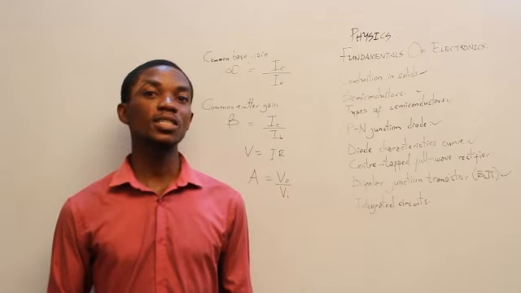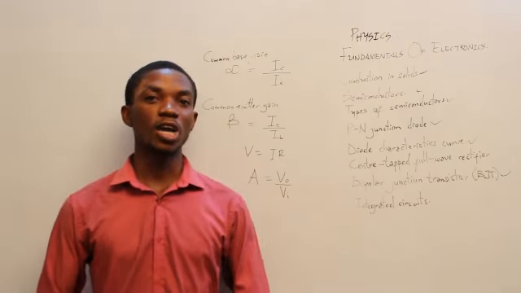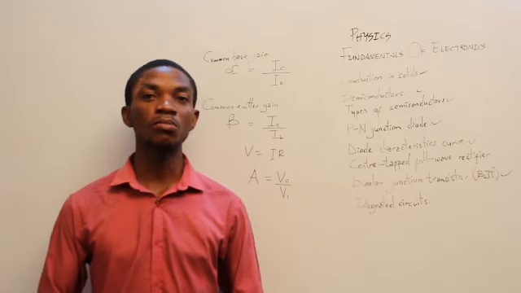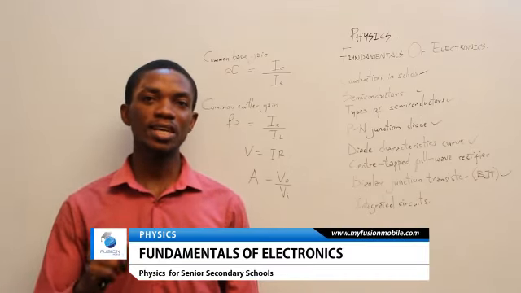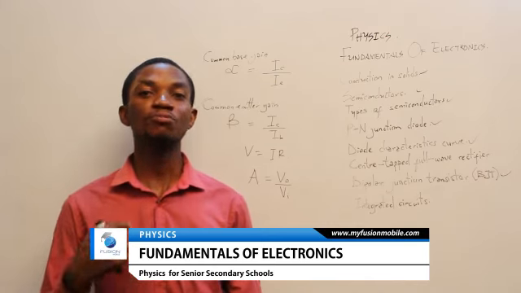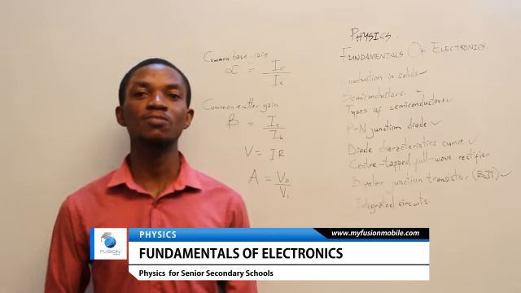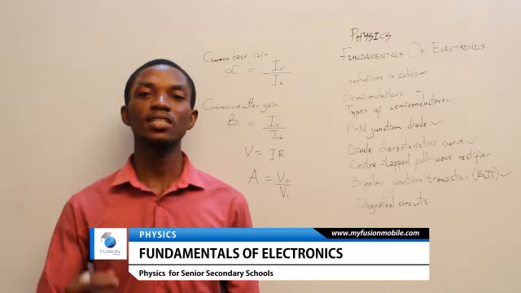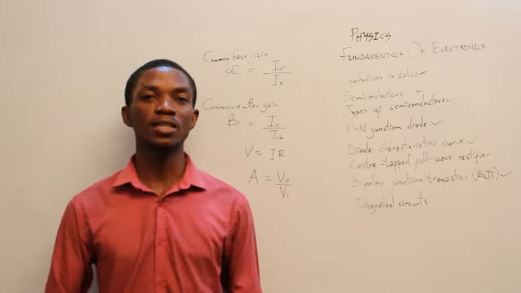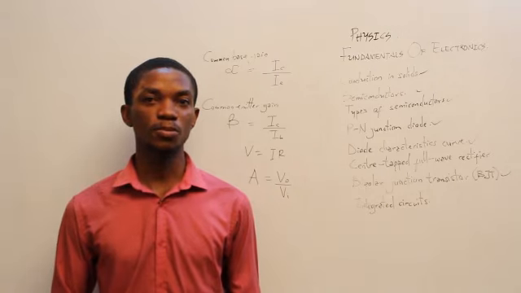Today, these components have been simplified. You can have up to 1 million transistors connected together inside a very tiny device, which even works faster than the 1 million transistors we used to have back in those days. And this device is what is known as the integrated circuit.